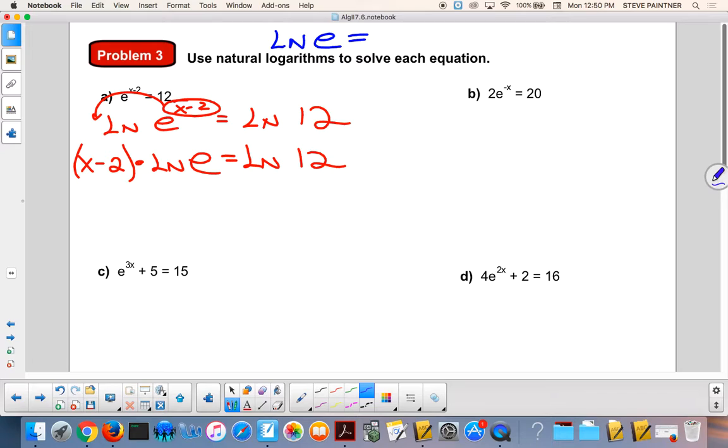And don't type it into your calculator, you should know it. I'm hearing people say it's 1. Because what's the base? e. e to what power is e? First. e to the first is e.